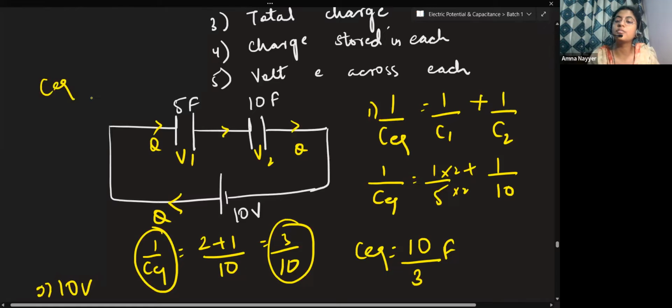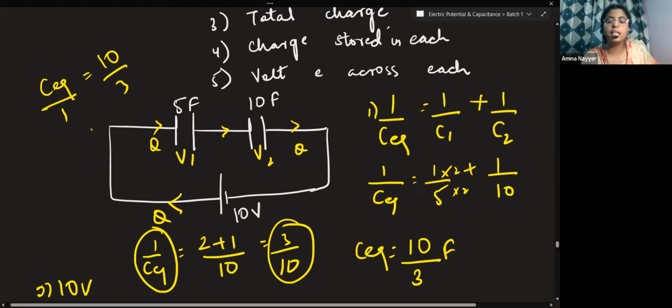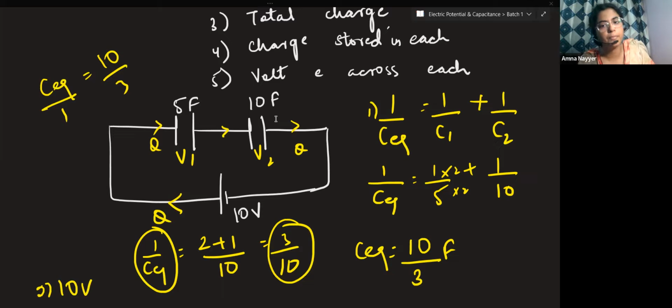That's why in case of series combination, we have reciprocated it so as to get C equivalent, that is 10 by 3. You don't have to reciprocate it everywhere. It's just that you have to find it for C equivalent. So in this case, C equivalent was given in the denominator, so as to find it in the numerator, we had to reciprocate it. Otherwise, in case of parallel combination, it is directly given.